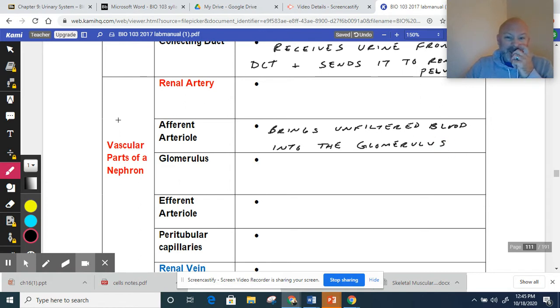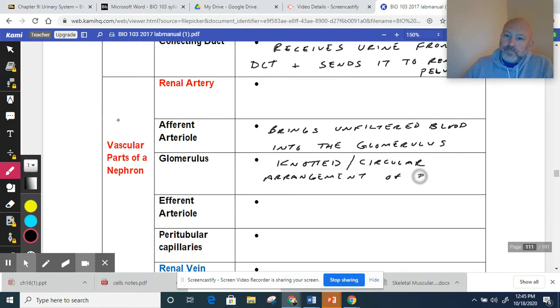The glomerulus is a knotted or circular arrangement of blood vessels. Of capillaries.